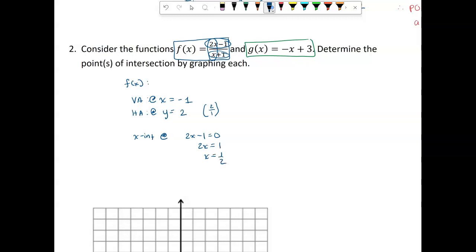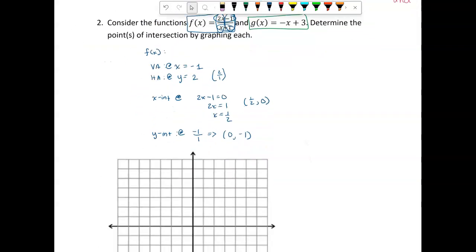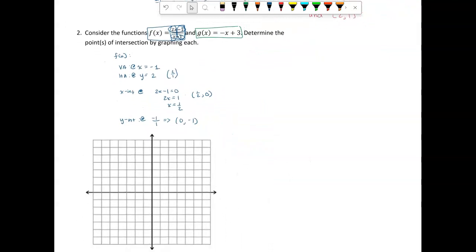So therefore we know that the x-intercept happens at 1/2, 0. And the y-intercept we know happens at b over d, so that happens at negative 1 over 1, so therefore it's at the point 0, negative 1. Okay, great. So now we have all 4 key features from this rational function.